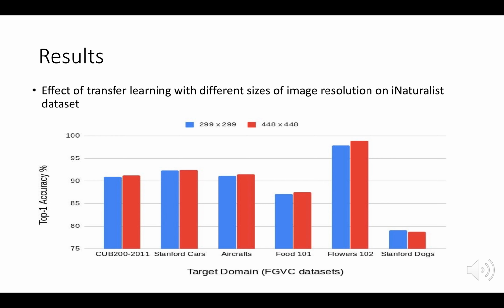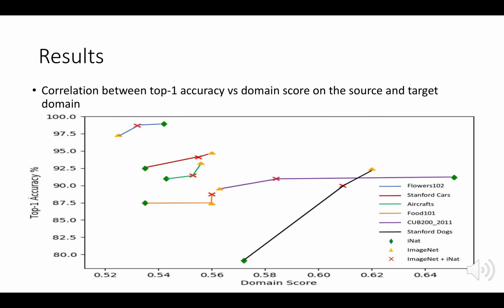We also analyze the effect of transfer learning on different sizes of image resolutions on ImageNet. Basically, we want to prove that if we use larger size images for the source domain, that will give better top one accuracy when we do the transfer learning. And this is the correlation between the top one accuracy and the domain score that we calculated for the source and target domain.